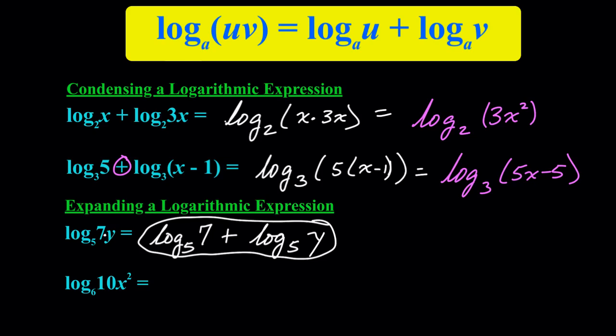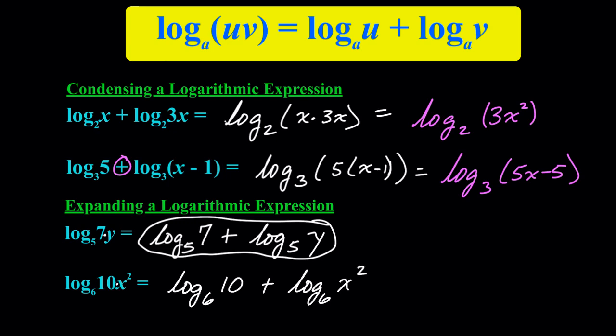All right, so the next one we're going to do kind of the same thing. This is log base 6 of 10 times x squared. Because there's multiplication here, we can split that up, making it log base 6 of 10 plus log base 6 of x squared.